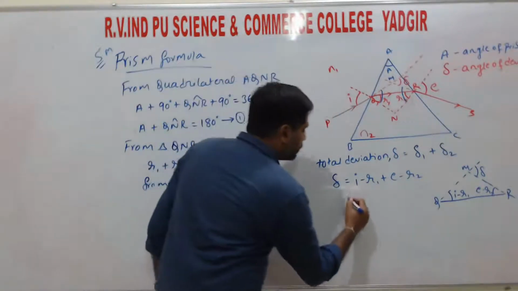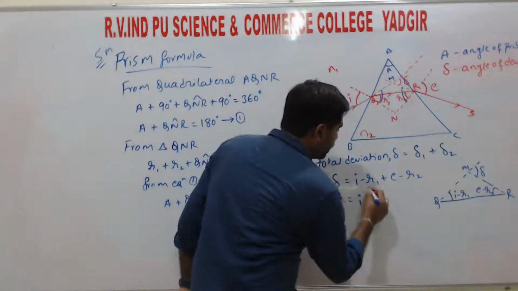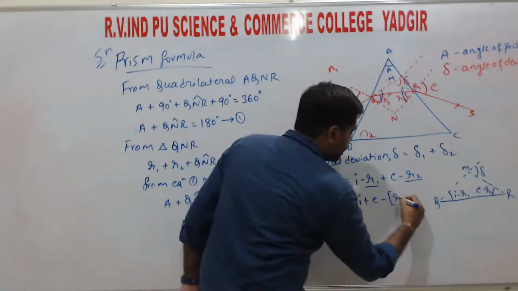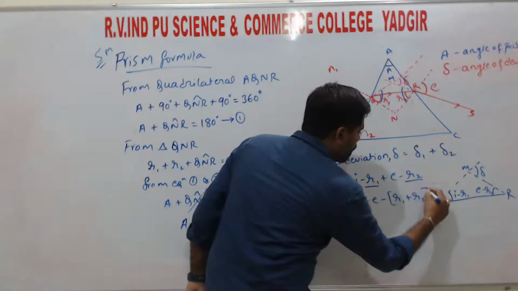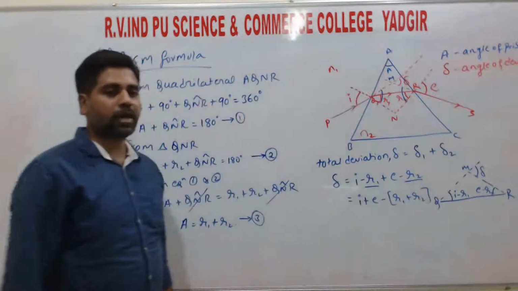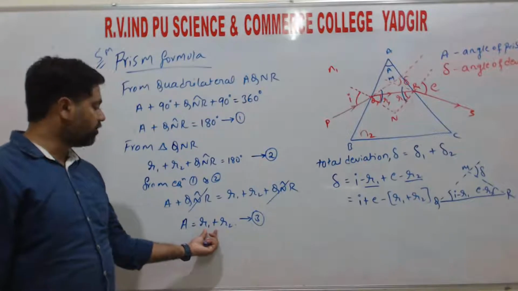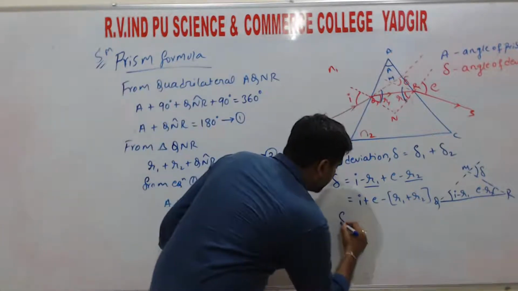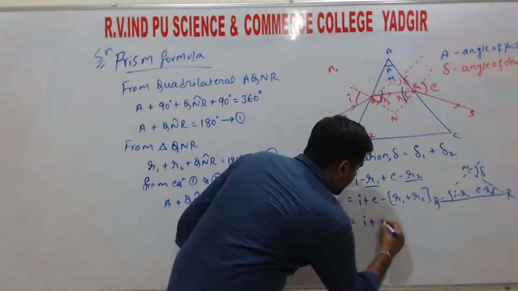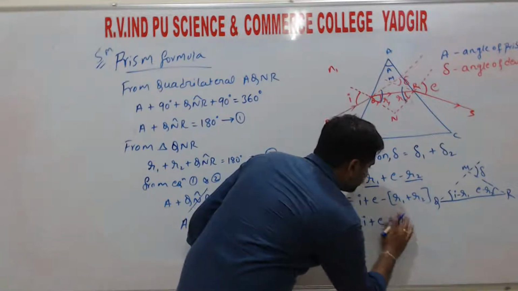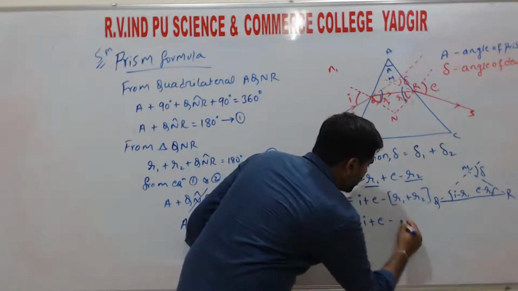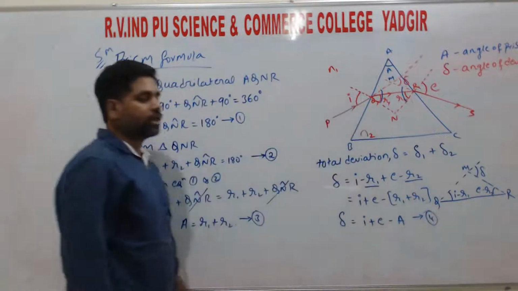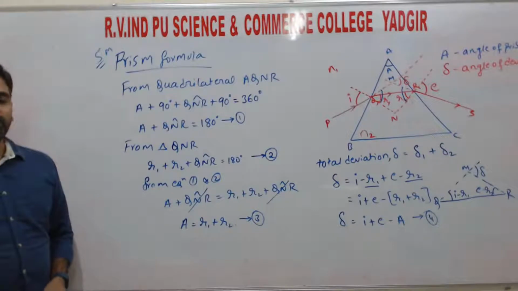right? So from this I plus E, from these two terms, if I take minus common, then it becomes R1 plus R2, right? So from equation 3 we have R1 plus R2 is what? A, right? So the deviation delta is equal to I plus E minus A. So this one we call equation 4, right?